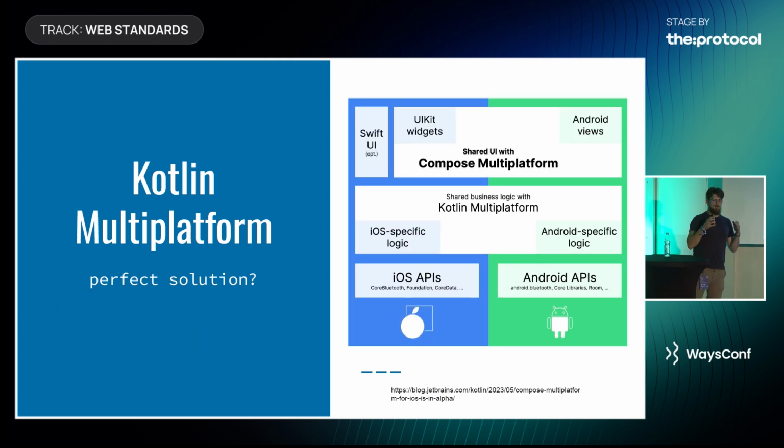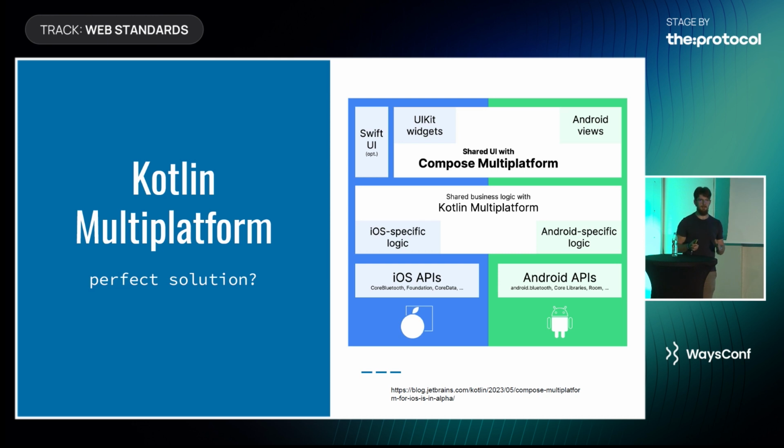So for the Android application, it would be a truly native experience. And for iOS, you would include a library with some logic, and then you would call iOS specific implementations. And then the UI.